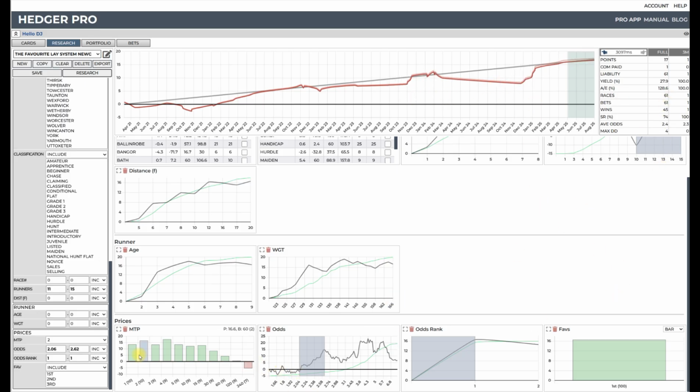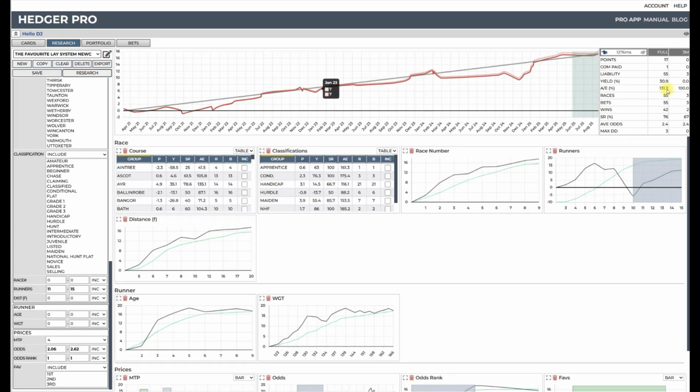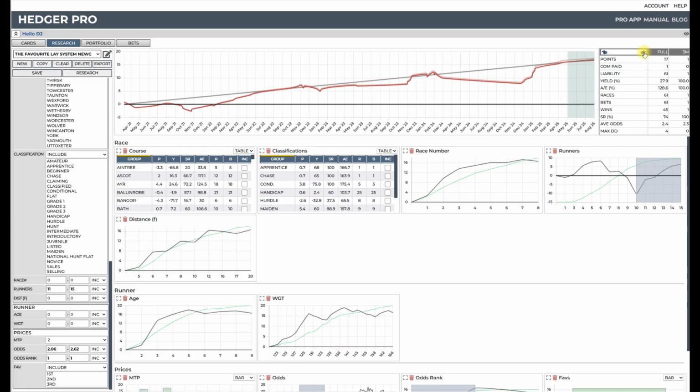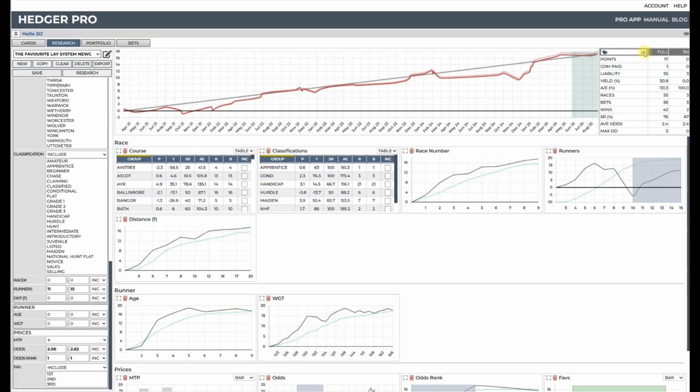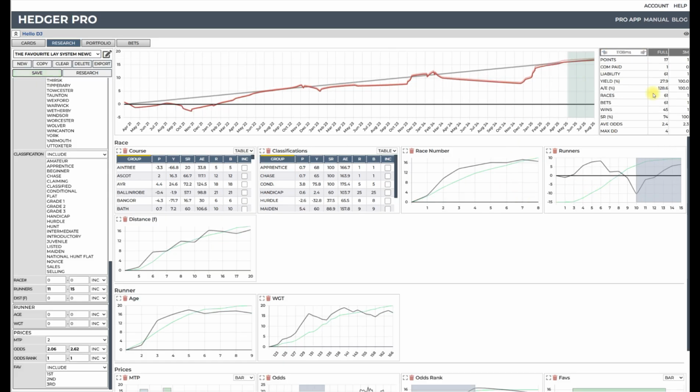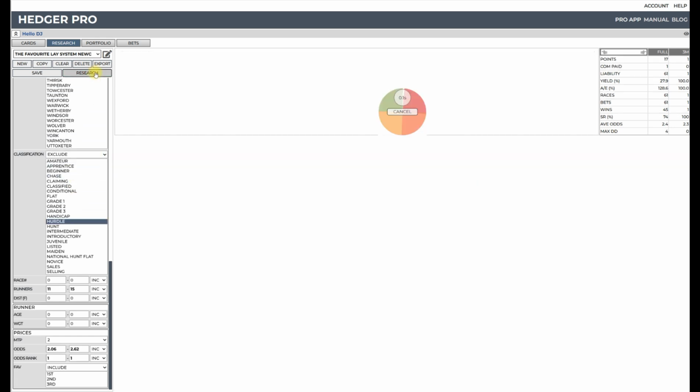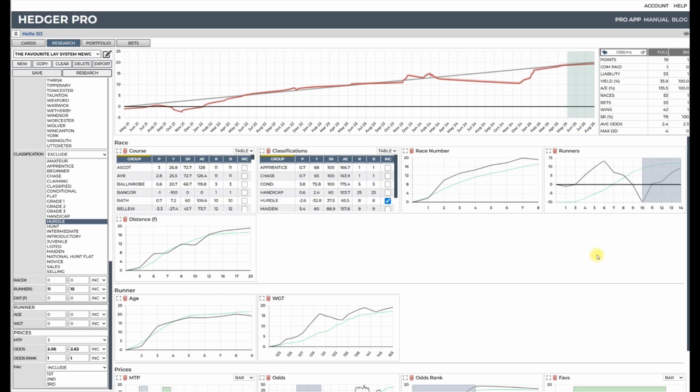But for a course, let's have a look at this. 4 minutes to post. No, the yield is better. Okay, so for a lay the favourite system at Newcastle, the only thing I really want to exclude here is hurdle, so we're going to exclude that, and that really smartens it up a little bit.